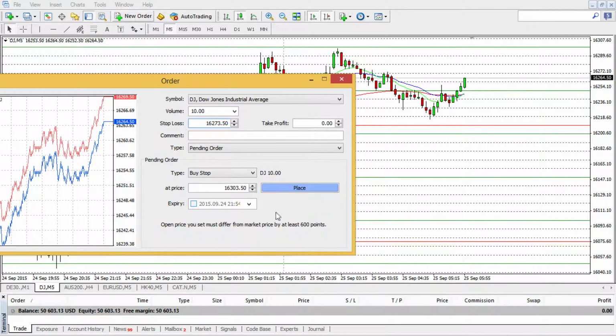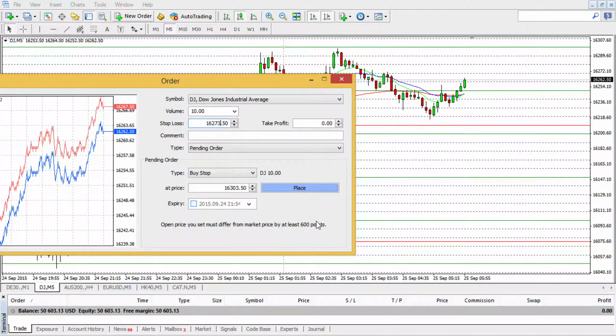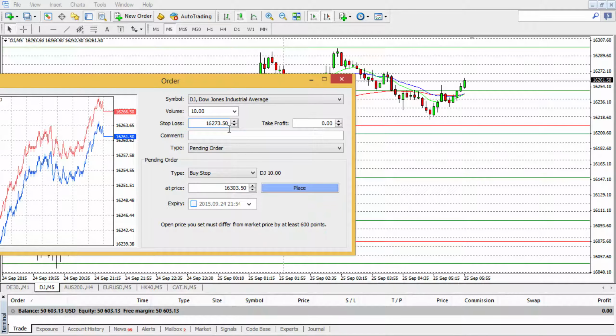At the bottom of this chart, once you've selected pending order, you can see that the open price you set must be different from the market price by at least 600 points. That actually means not 600 but 6 points, because we don't count these 2 digits. They're just fractions of the points. So it's the same as here. These 2 zeros represent these 2 digits here.